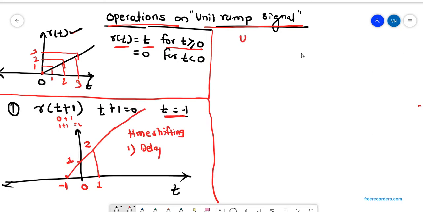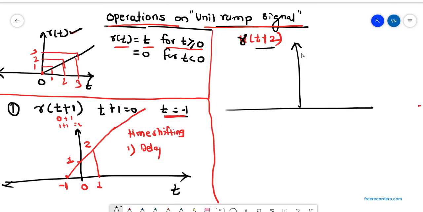In the same way, if you want to draw, for example, R of t plus 2, how can we draw it? Again the same, here t plus 2, so I have to shift the original signal from minus 2.